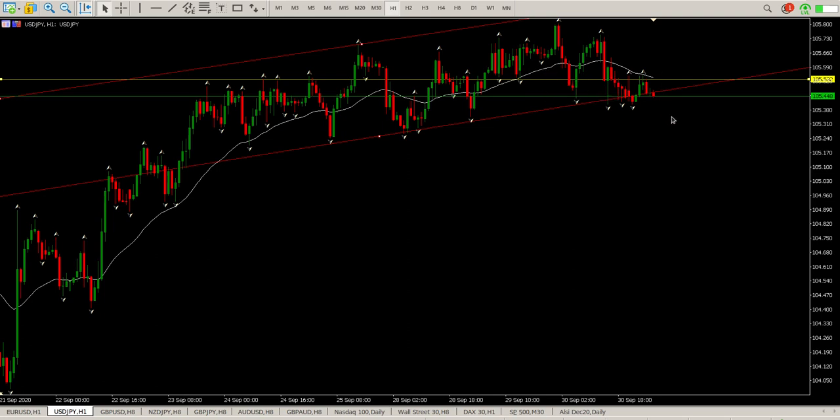Everything here is talking about a move to the downside. Move to the downside means weaker dollar, which means stronger euro, so euro dollar should go up, and US dollar Japanese yen should be moving to the downside. Now the problem with that is the Japanese yen is a safe haven, so people will be moving money into a safe haven, being gold and the Japanese yen, because they don't like what they see.